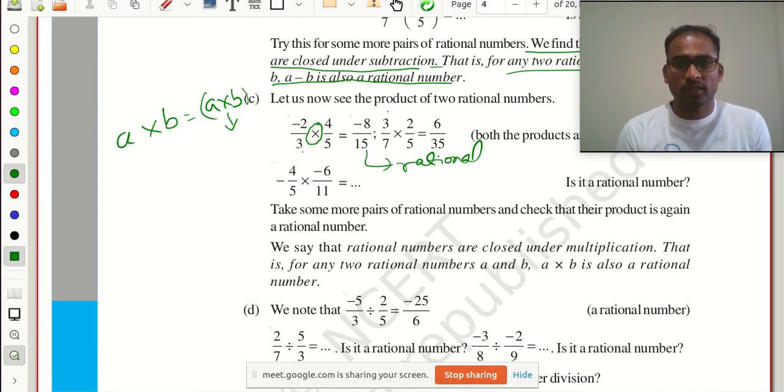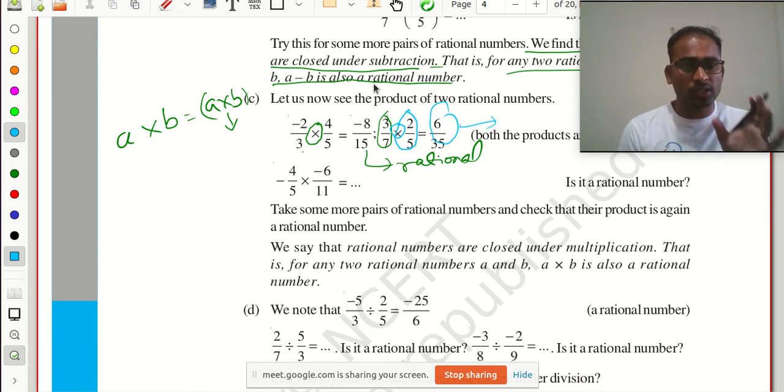Next, 3 by 7 is one rational number, 2 by 5 is another rational number. Now I am multiplying these two rational numbers. I will get 6 by 35. So this is also a rational number. The multiplication of any two rational numbers is also a rational number.